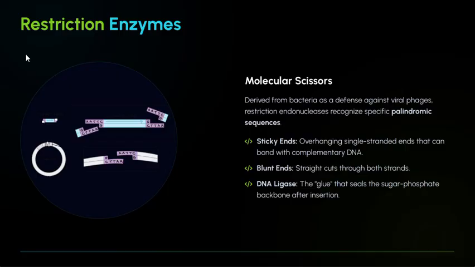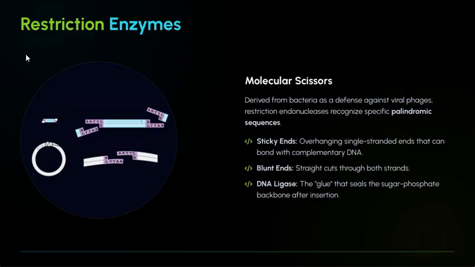So when we talk about restriction enzymes, they're like molecular scissors, and these are derived from bacteria as a defense against viral phages. I don't know how to pronounce it, but these restriction endonucleases recognize specific palindromic sequences, and there's different parts to it.